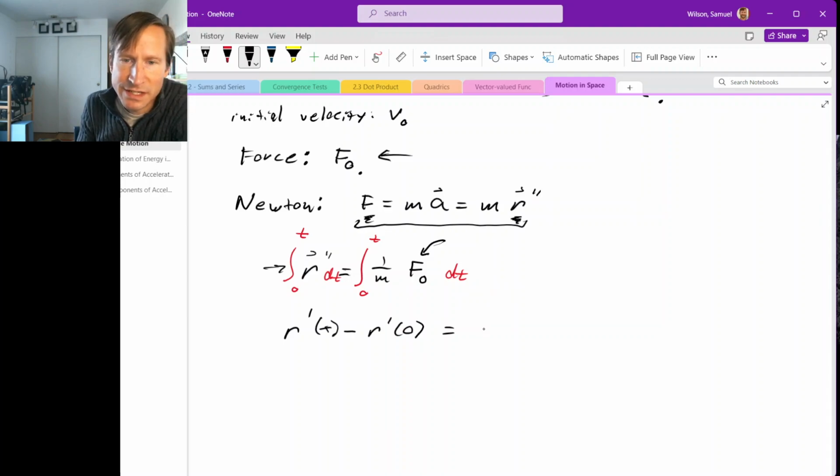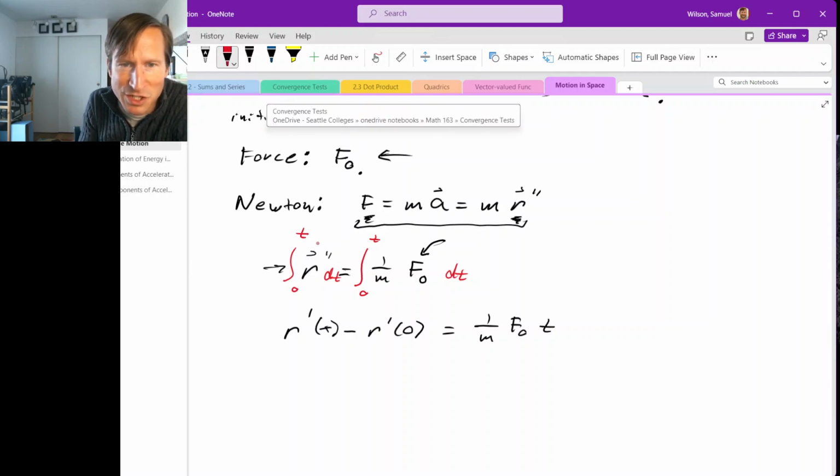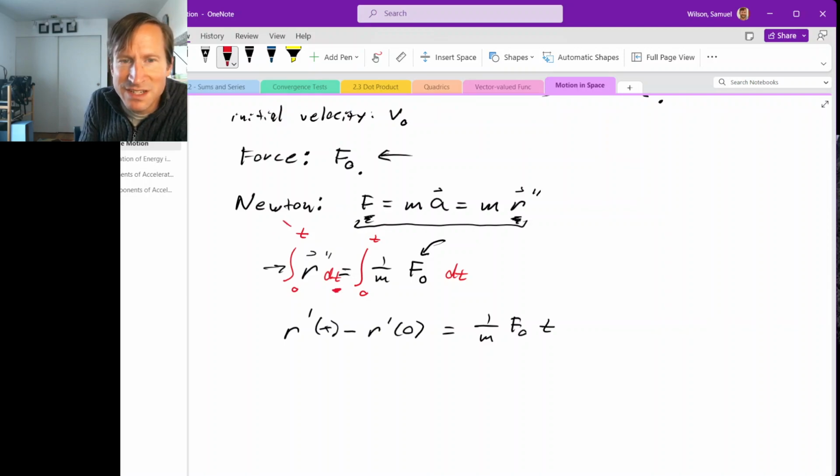So this is 1 over m times f sub 0 times, I'm being a little uncareful. I should use a different name for this variable in this integral, because t is what I'm using for my upper bound. How about s? So I should call this s, and we're integrating from 0 to t.